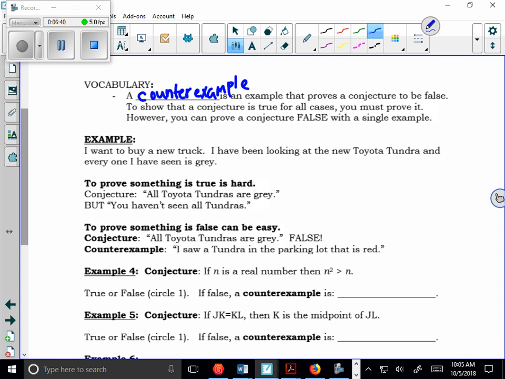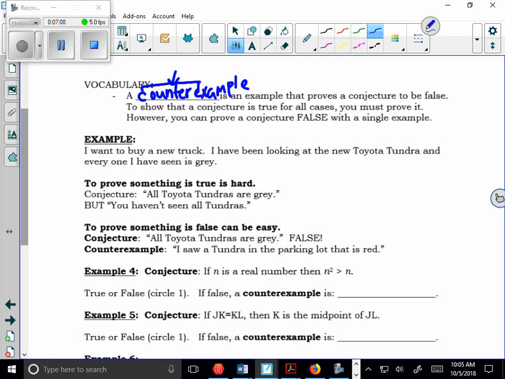I think the best way to think of it is to think about the counter part. If you're in an argument with somebody, my comeback to an argument is called my counter argument. If they say something to me and I'm trying to disprove it, I'm going to come back with a counter argument. So here I'm going to say a counterexample is an example that proves a conjecture to be false.